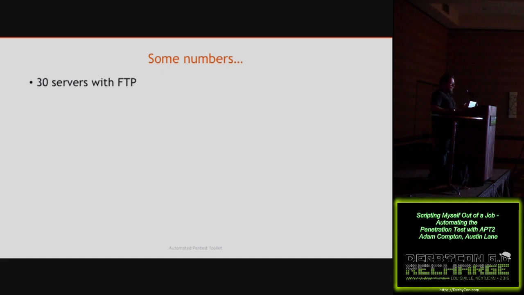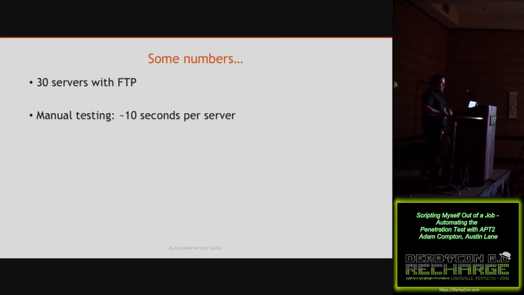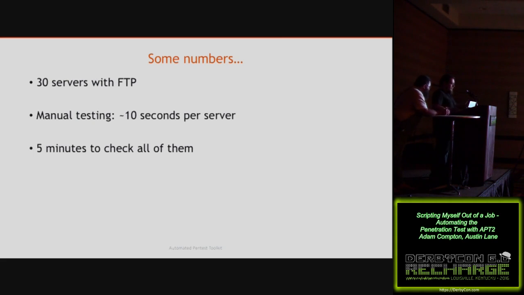So I went down the list and checked each of these for anonymous login, just something simple. You type FTP, the IP address, you wait for the prompt, you type in anonymous, and whatever for the password, and then you wait for the response to say, yep, you've got anonymous login, or no, password rejected. In total, it took about 5 minutes to go through 30 servers. I'm not the fastest typer.